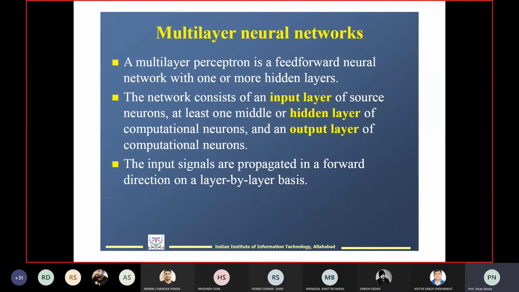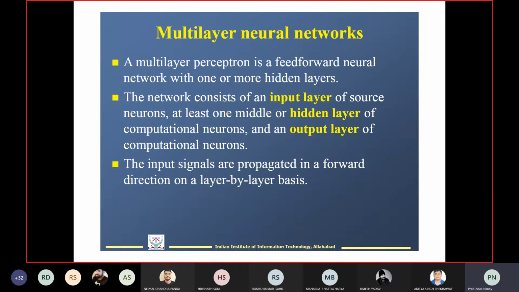Okay, so to understand the multi-layer neural network, or MLP, it is a class of feed-forward artificial neural network, and it will have one or more hidden layers. This network consists of an input layer of source neurons, because you need an input layer where the input nodes or input neurons will be.